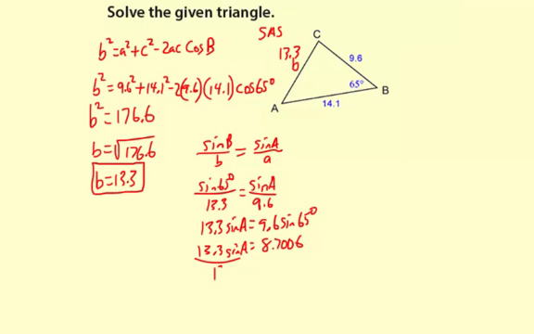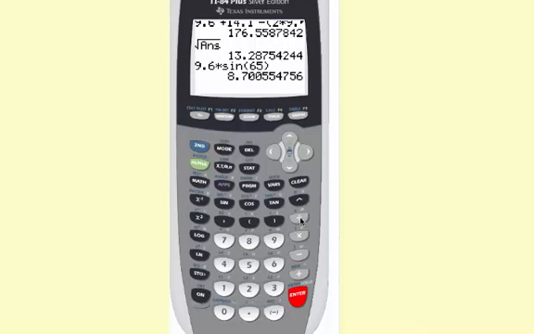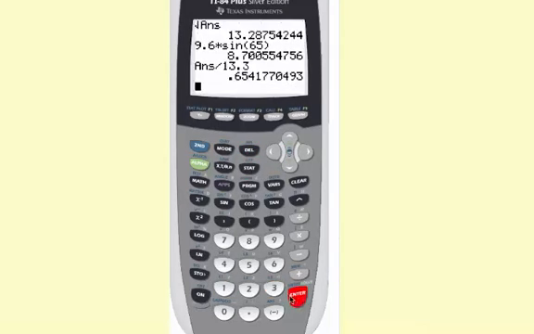Divide both sides by 13.3 to solve for sine of A. So sine of A equals this 8.7006 divided by 13.3, which is 0.6542.